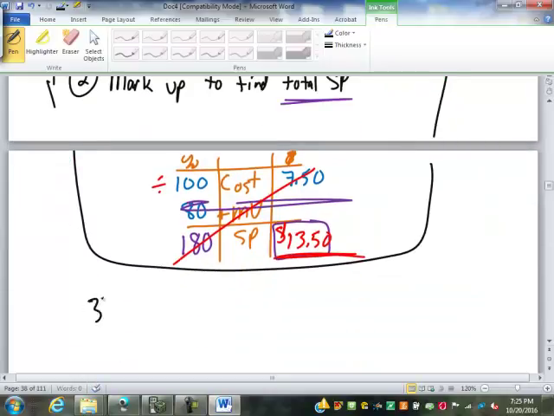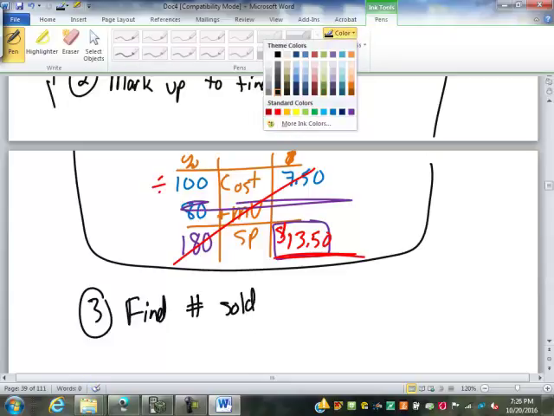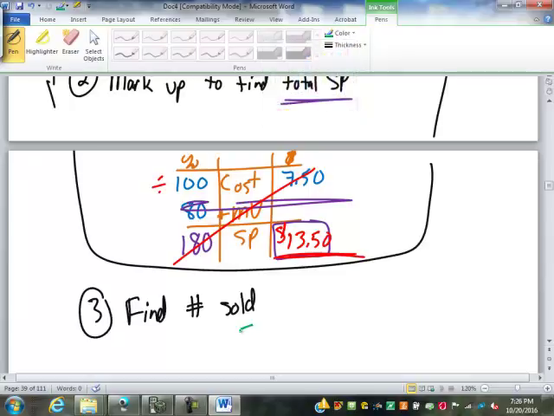Step 3 is a new step. Figure out how many you're actually going to sell. You had 50 of them, right? You're expecting 10% not to sell, right?